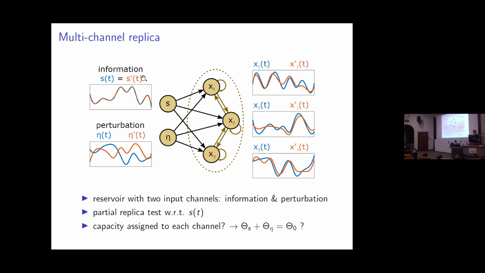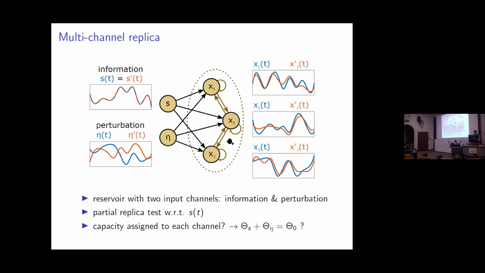One signal we call the information signal. It's something that is relevant. This is the one that we focus on in terms of capacity. And the other one acts like a perturbation. That means it's not going to be repeated. It's going to be just randomized. That's the key of this partial replica experiment: repeating one channel, while the other one is drawn independently, with new realizations fed in.